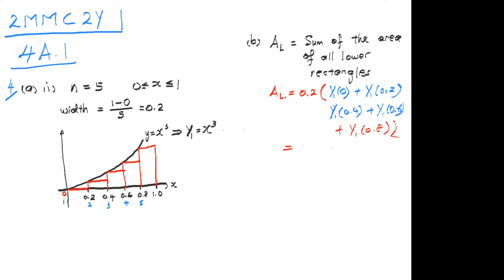Okay, so for the upper rectangle, if in the exam they expect you to draw two, usually they will give you two graphs. So now I have to sketch another one, same thing. This is my y equal to x cubed.